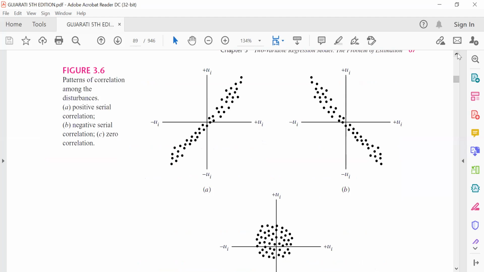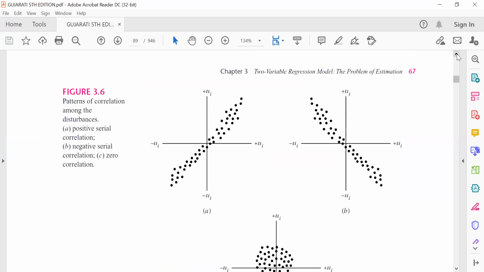This one is the type of positive serial correlation, because the graph from the lower to the upper has a positive relationship, and this one a negative relationship.